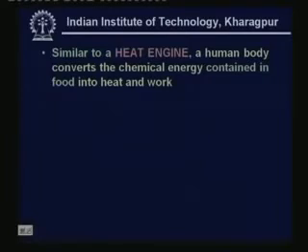The work part is used for certain bodily functions, and the heat part is used for maintaining the human body at a certain temperature level, and whatever excess heat is there has got to be finally rejected to the surroundings. So any living human being will be continuously rejecting heat produced inside the body to the surroundings, and the rate at which heat is rejected depends upon the external conditions.